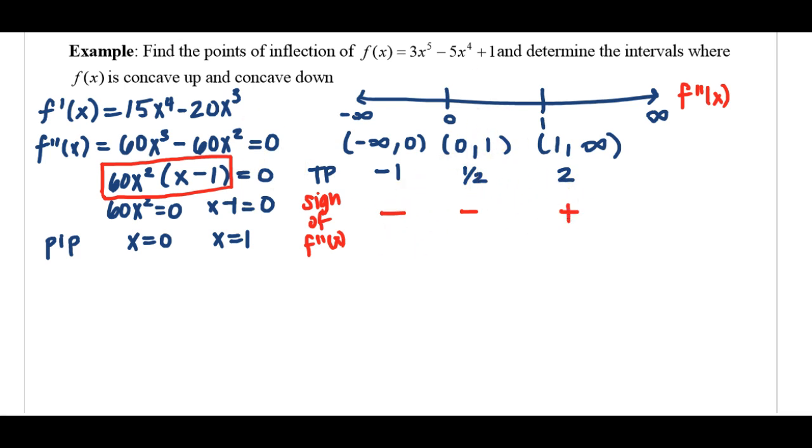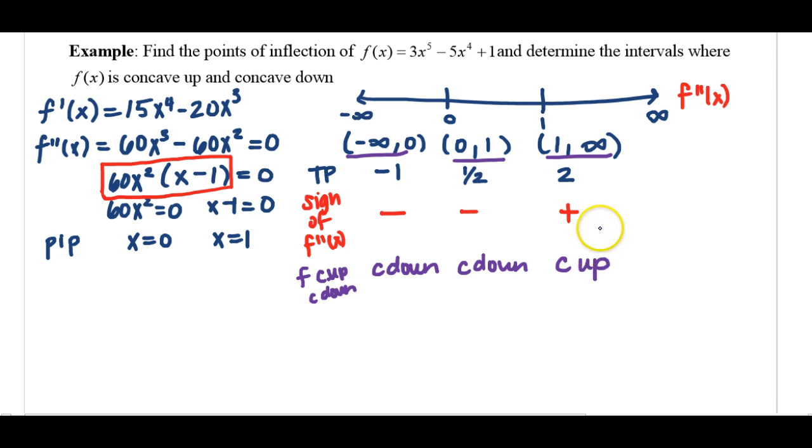So now let's think about whether f is concave up or concave down on each of these corresponding intervals. Since the second derivative is negative, f is going to be concave down. We have another negative second derivative, so this interval is concave down. And this final interval is a positive second derivative, so we have concave up.